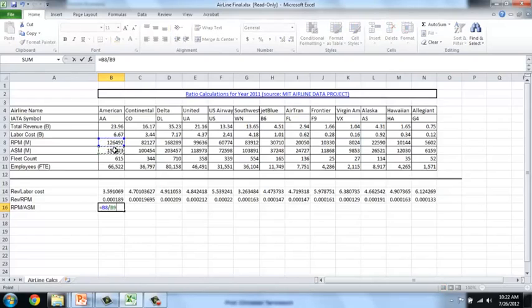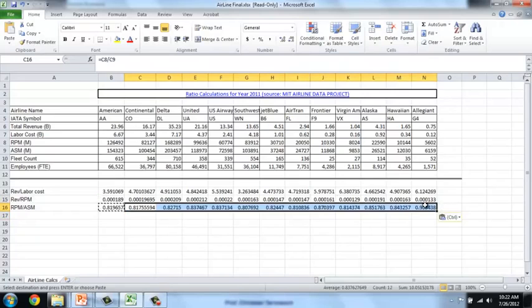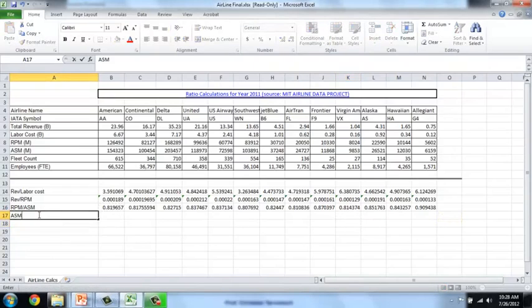RPM by ASM turns out to be relatively constant across the carriers, with most carriers booking their airplanes up to about 80% utilization. Now consider the ratio between the ASM, which is really the capacity that has been provided, and the number of employees.